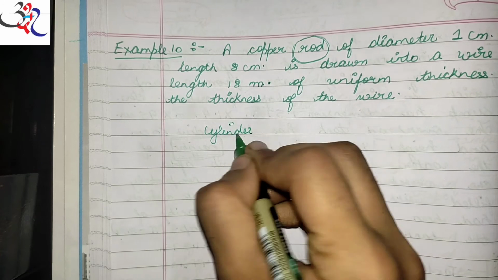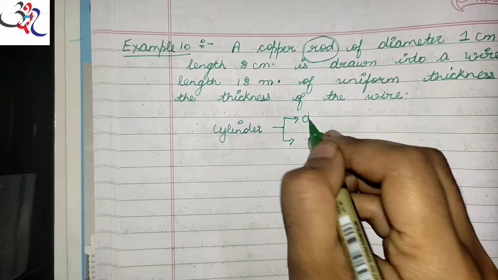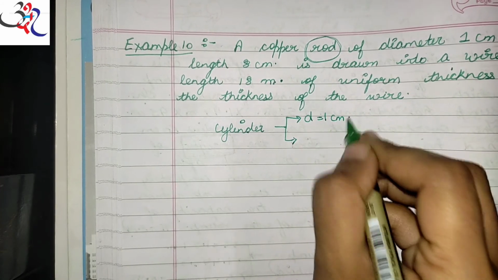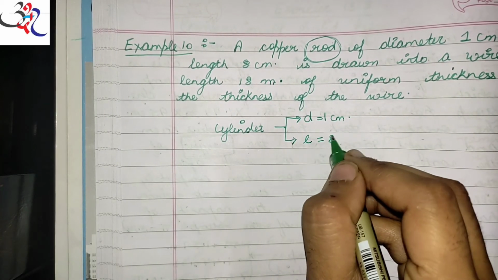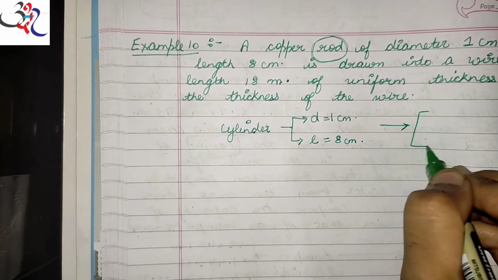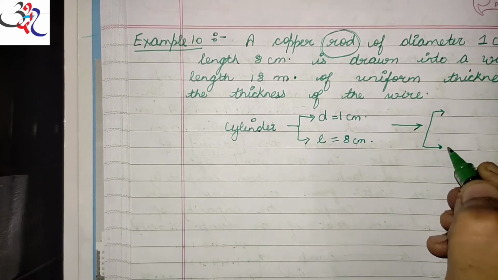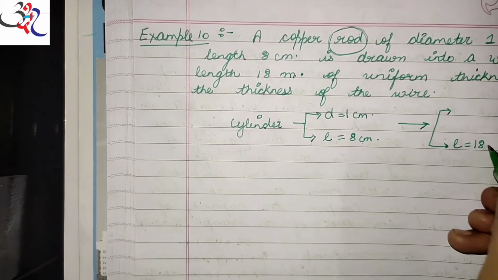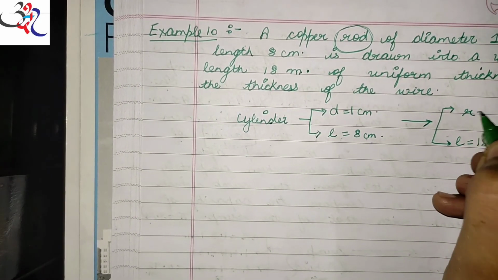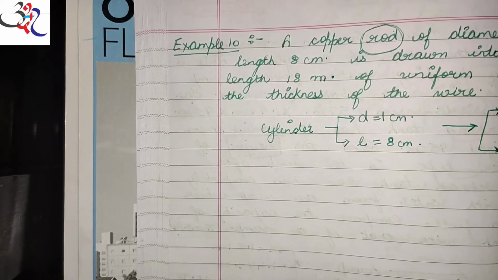So they are saying that earlier this copper rod had diameter equal to 1 centimeter and length equal to 8 centimeter. Now it has been converted into another wire, which is also in the shape of a cylinder whose length is 18 meter, and you have to find out the thickness or the radius of the new wire.